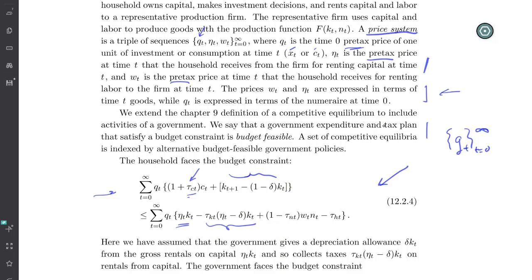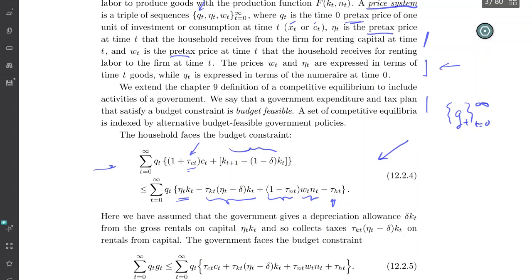We're going to have a depreciation allowance for capital. So that's the tax it pays on earnings of capital. It gets wages here, but it pays a flat rate tax on labor, and then it pays this lump sum tax. So these taxes are distorting because they multiply decisions that the household has an effect on.